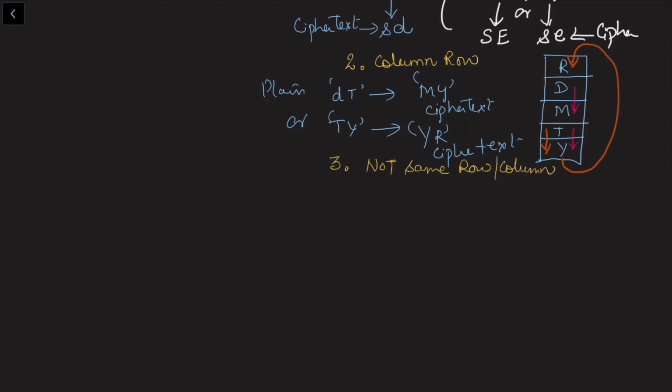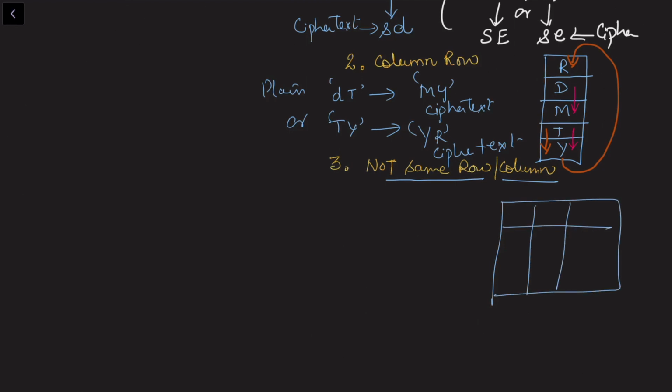So in the third case, when the characters are not in the same row or same column, let's first consider some of the letters in this case. Here I have R, E, X, C, D, G, N, O, Q. I have only considered 3 by 3, not the full 5 cross 5. And suppose now in the plain text, we want to convert RG.